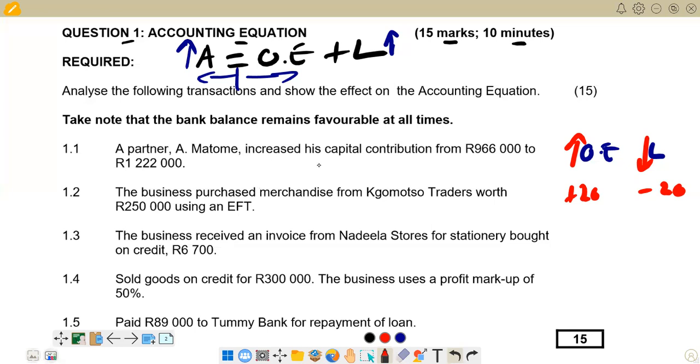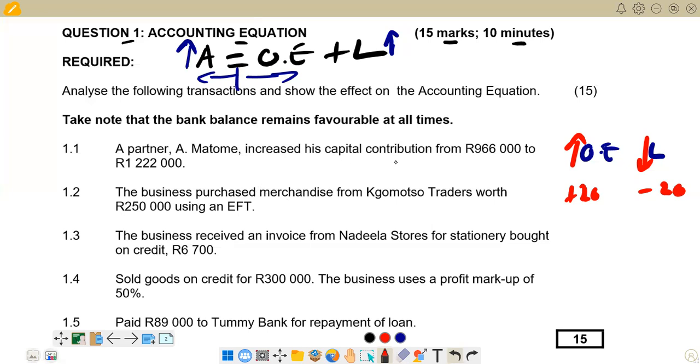Then we indicate which one is debited and which one is credited. Then we see how each account affects assets, owners' equity, and liabilities.